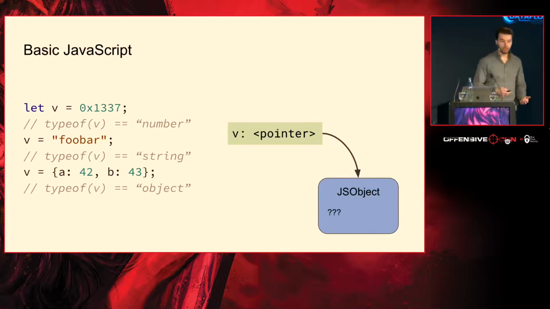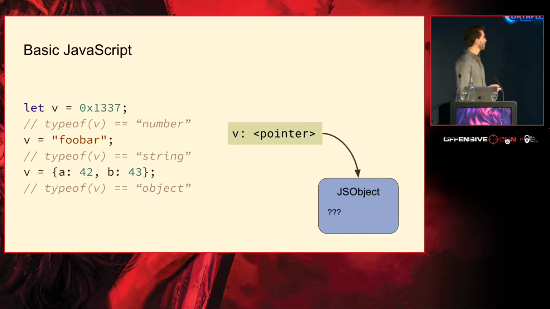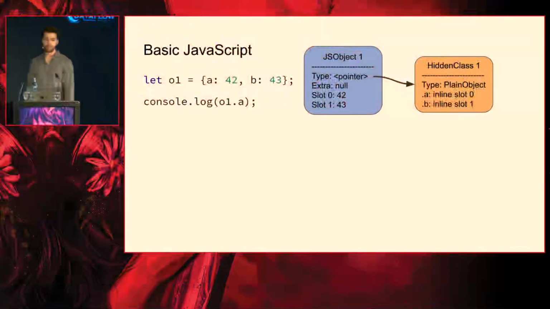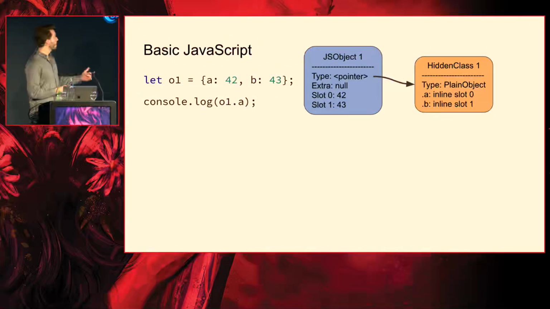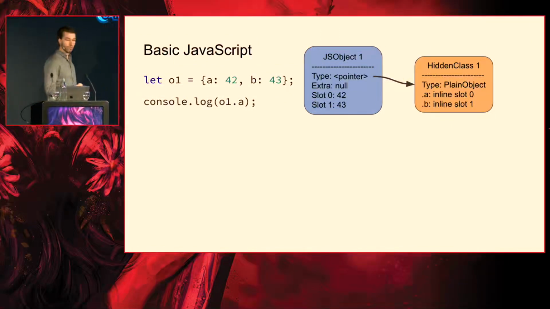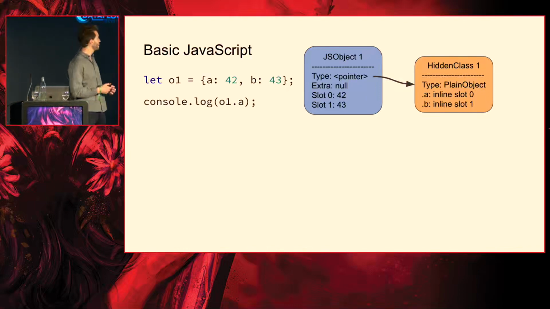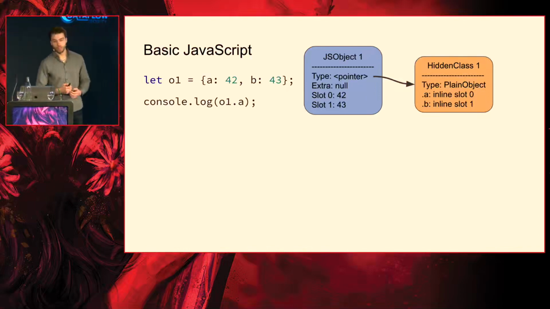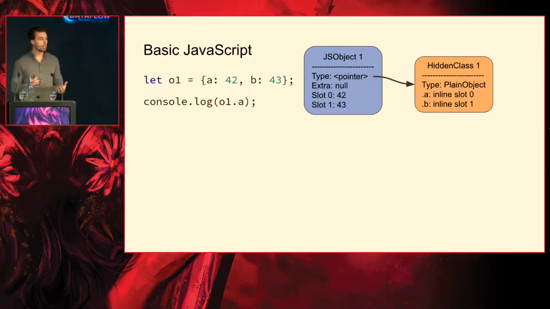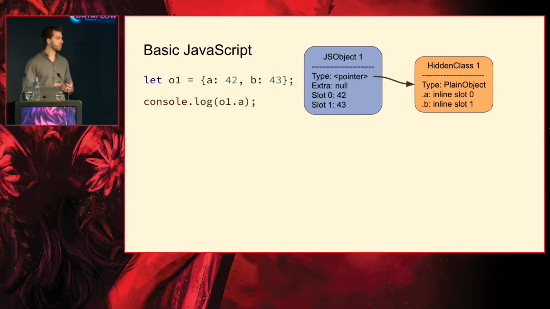And so next we'll look at what objects look like in memory. Again, this is a high-level concept. This is roughly how all the major engines do it these days. So, a similar code snippet: you're creating an object with two properties, and what you end up with is the object in memory, which has a pointer to a type or a hidden class.